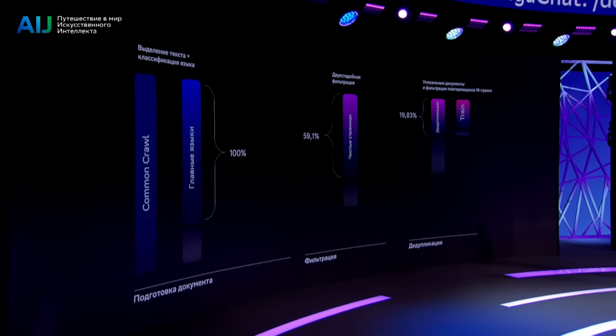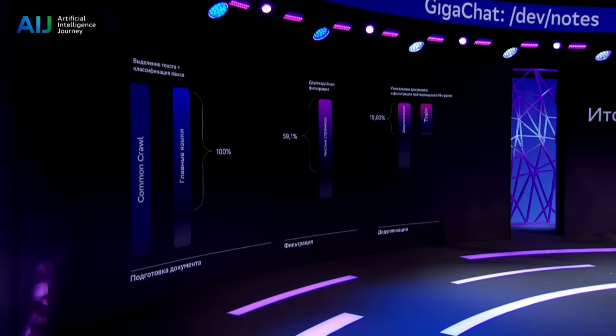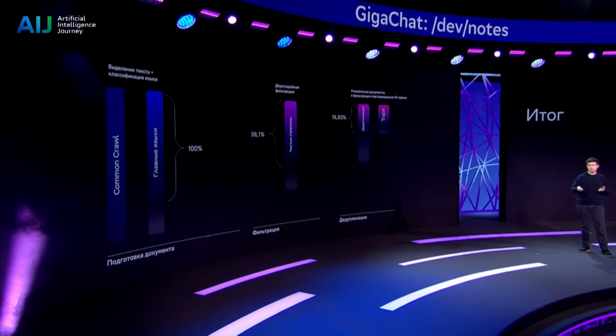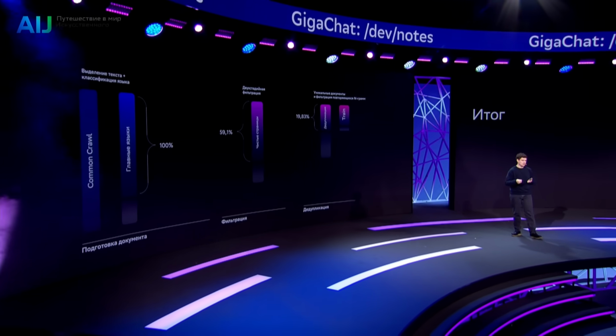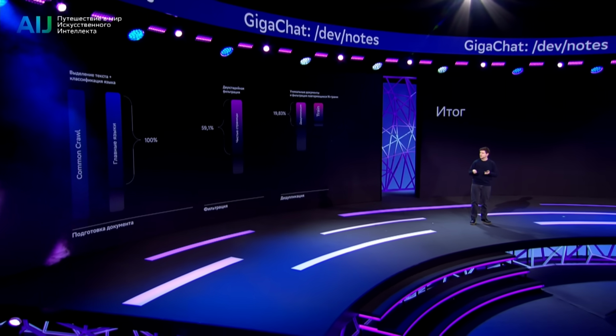And on the right-hand side, we see how the cleaning was reducing our dataset. If we take the main languages for 100% after the cleanup, we ended up with 59%.